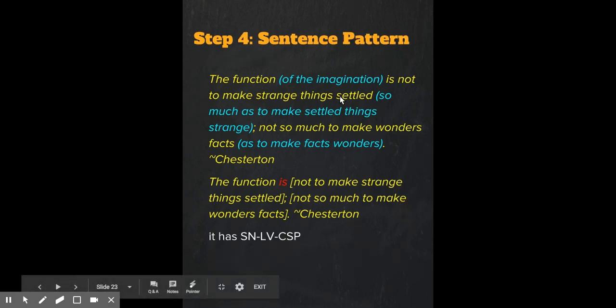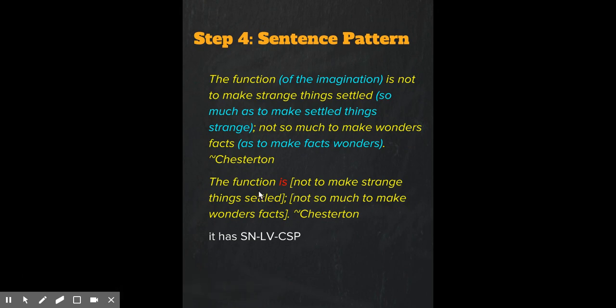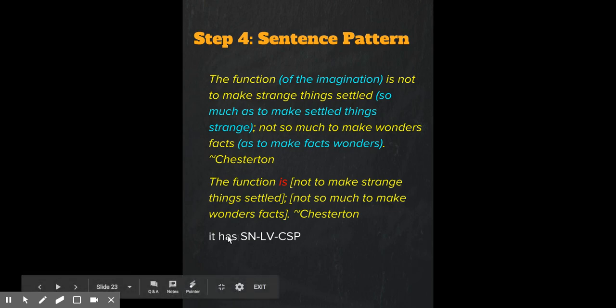And that leads us to our sentence pattern. So then what is the sentence pattern? This big long sentence basically just has a subject, has a linking verb, and it has compound or two subject complements or predicate nominatives.